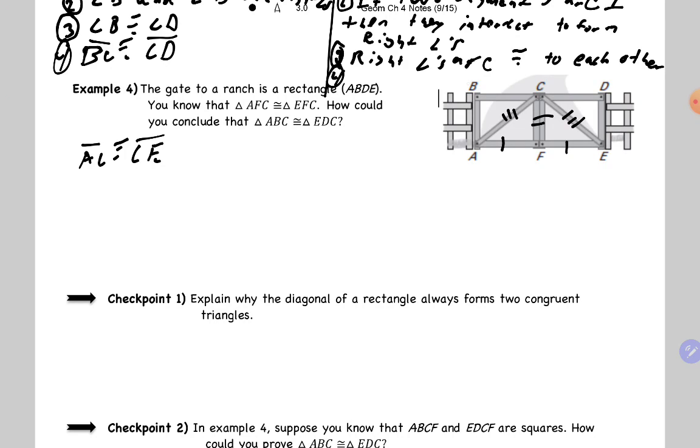Now we know that also AB is congruent to DE, because opposite sides of rectangles are congruent.